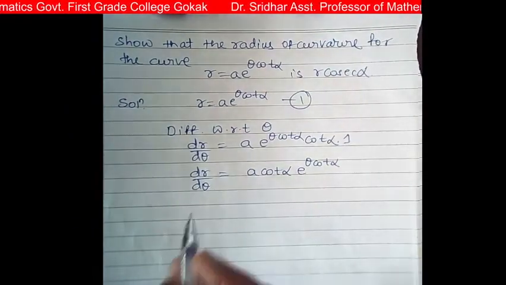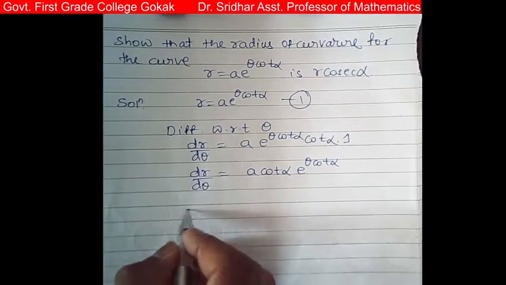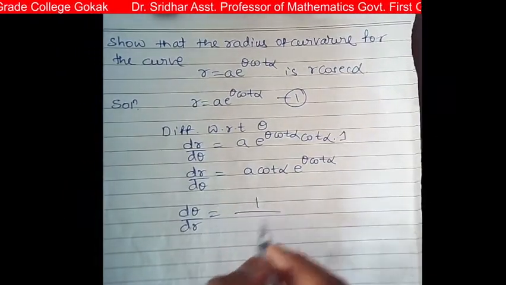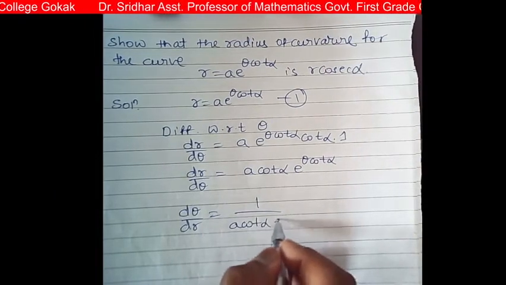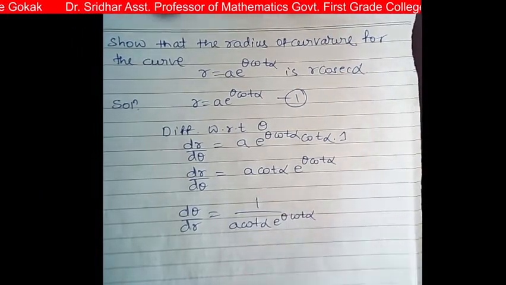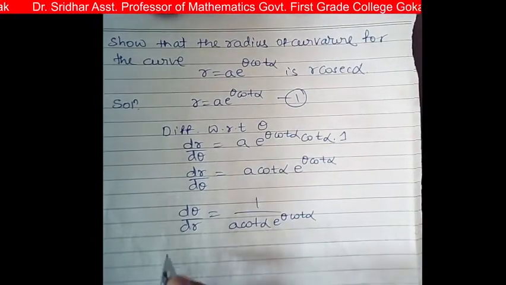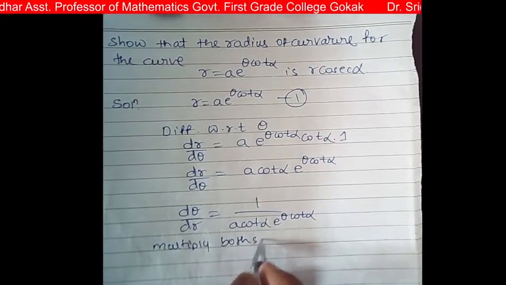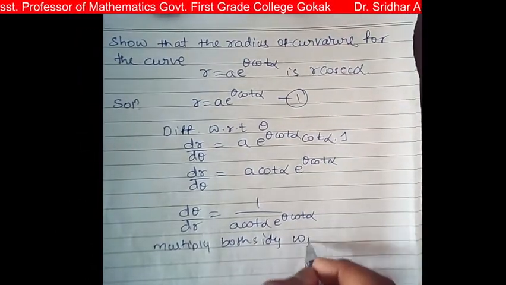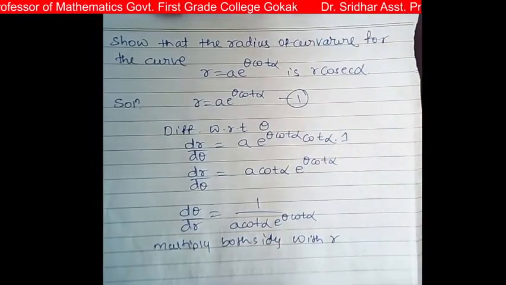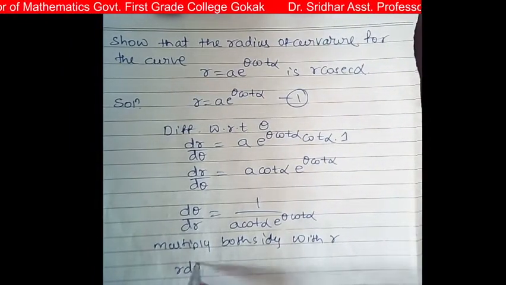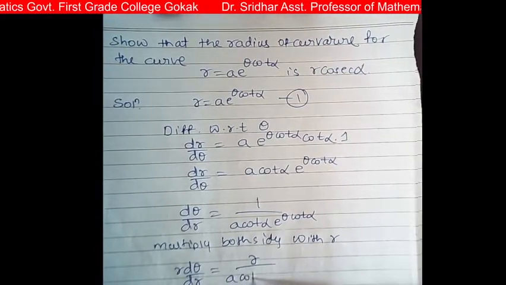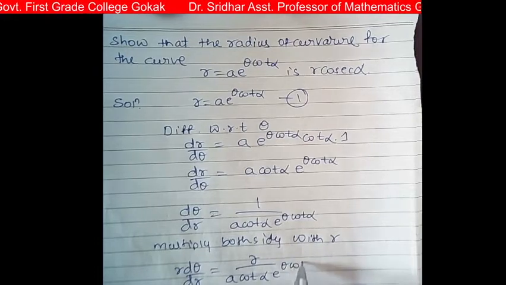Now reversing, d theta by dr is equal to 1 divided by a cot alpha into e raised to theta cot alpha. Now multiplying both sides with r, which gives r into d theta by dr is equal to r divided by a cot alpha e raised to theta cot alpha.